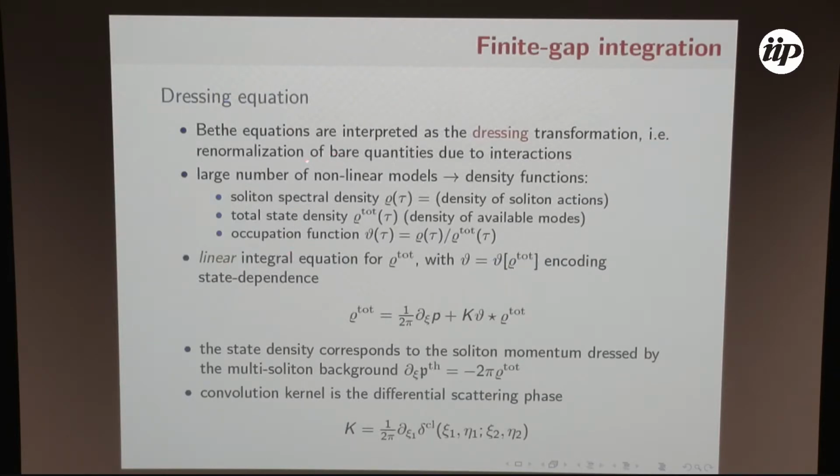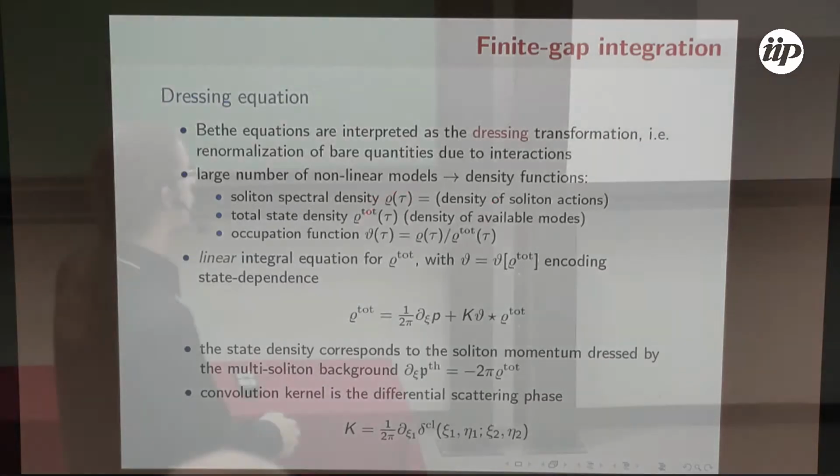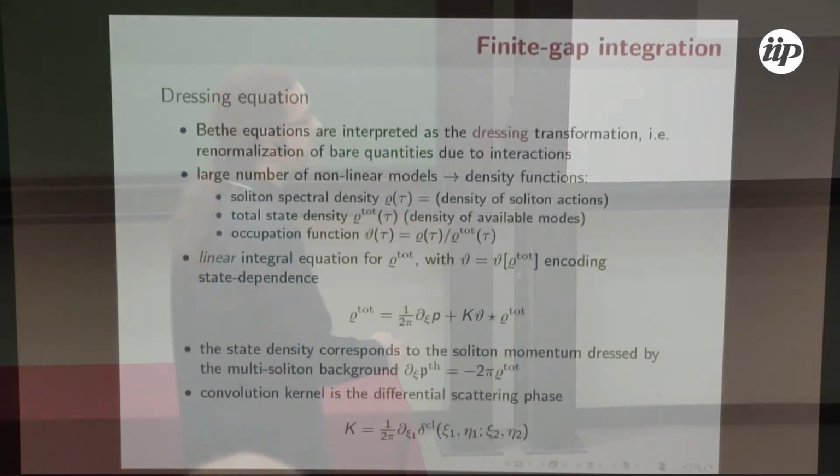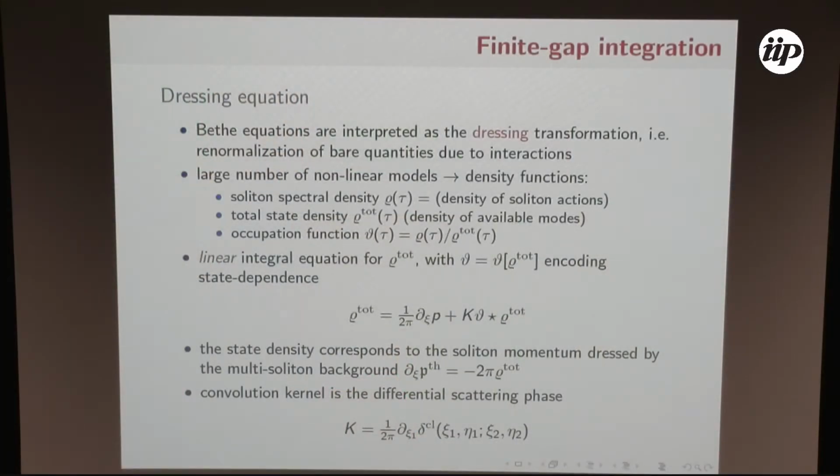Instead of dealing with the discrete set of action variables, you introduce the soliton spectral density, a continuous density of the action variables. Then you define the total state density, which is the density of all available modes. Now, this is a non-trivial object because of the interactions between solitons.